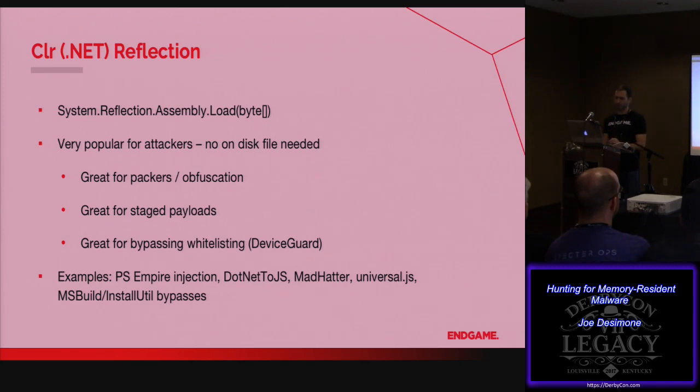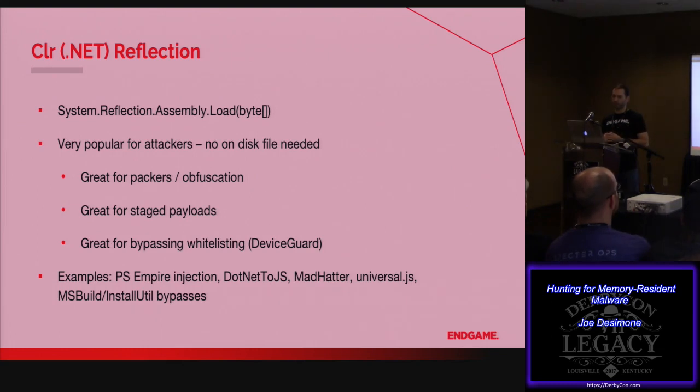And just some examples. PowerShell Empire, when you do an injection, like a PSInject or PowerPick style injection where you want to migrate from one process to another with PowerShell, will bootstrap the PowerShell runtime in that remote process, and while doing that, it'll call this API. DotNetToJS was a bonus.